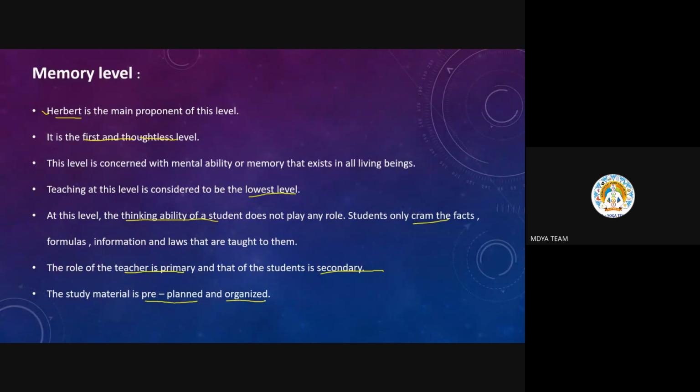So is there any question in the student's mind while learning those facts, like what is apple, what is ball, why she is teaching me this, how I am going to use all this in my future? Is there any question in the mind of the learner? No.